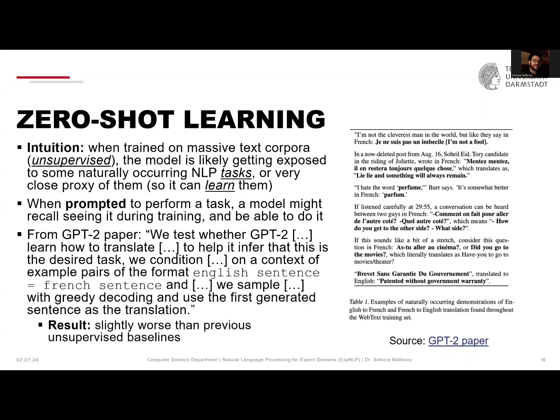The result is that GPT-2 was just slightly worse than an unsupervised baseline, which is not great. It's not like it was state of the art, but it still showed you that a model trained on completely different stuff, like just predicting the next word, also lets you learn other tasks.